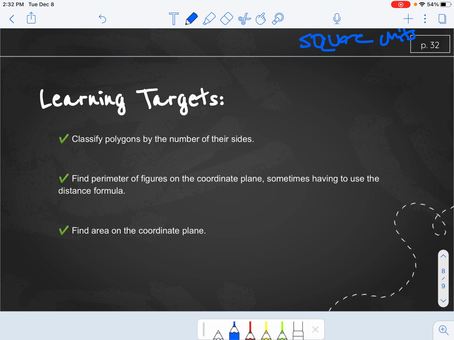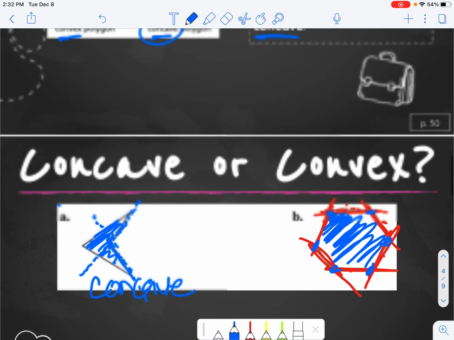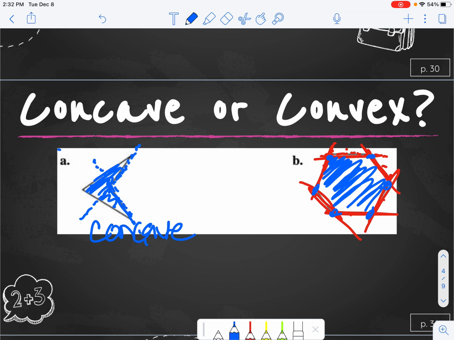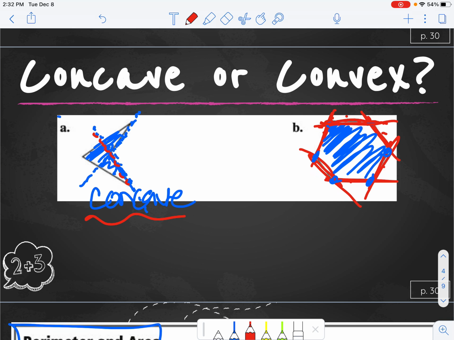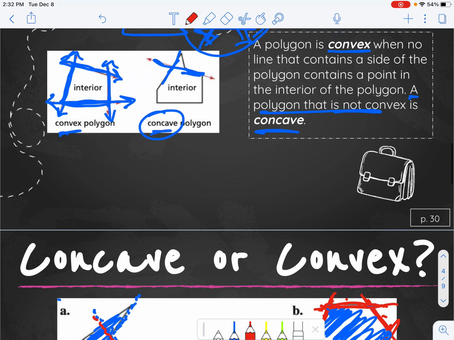If a line, as it keeps going, breaks through the interior of our shape, that makes it concave, because it would cave in. That's how you could think of it. Here, with the hexagon, none of these lines break through the interior of our shape, so I guess I never wrote it, but it is convex.